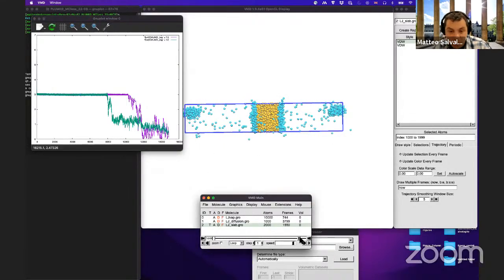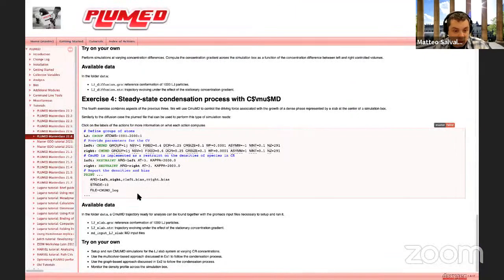So the information given in exercise 4 is what is necessary to replicate this type of simulation, or to analyze the existing trajectory that is available at the same GitHub repository. But the interesting thing is that if one wants to play around with this idea, many of the ideas of the previous exercises can also be used.